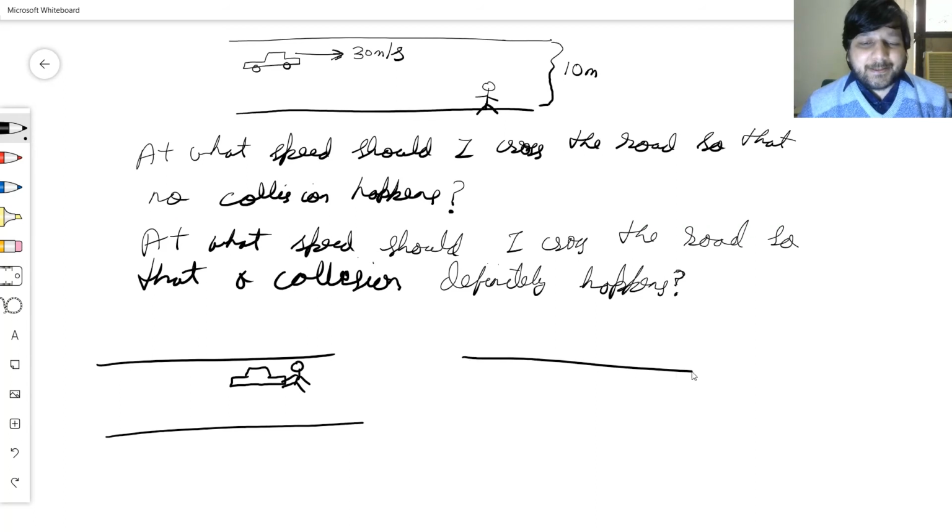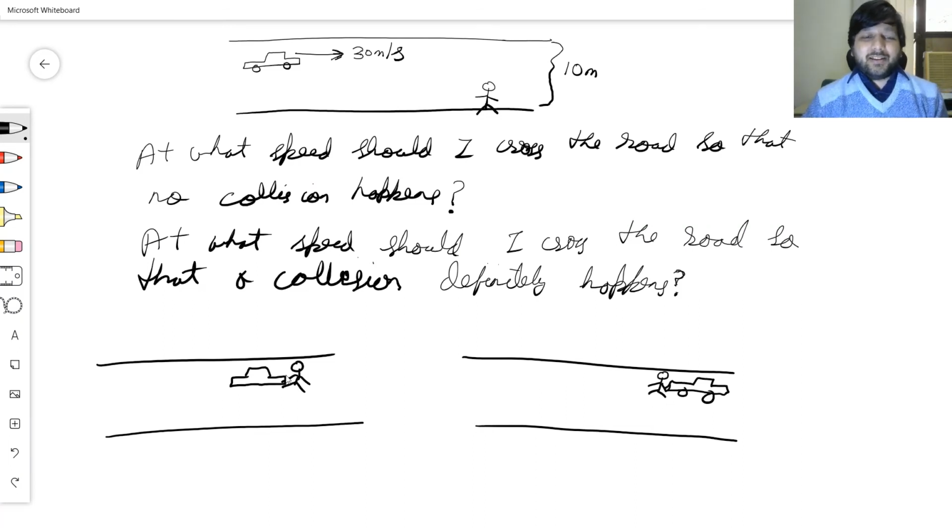And the second limiting case is the vehicle is over here and I end up in a collision over here. So all the intermediate speeds are the ones that matter to me.